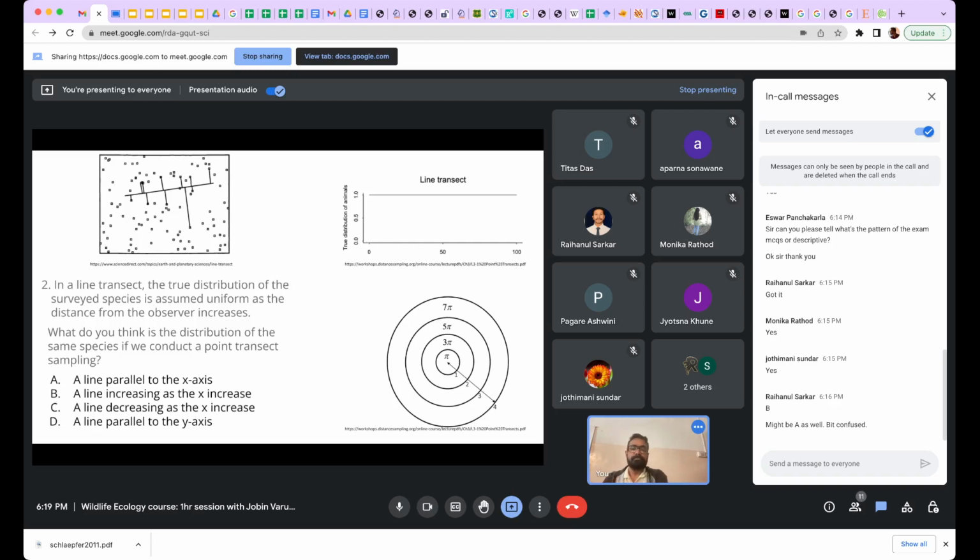Okay, so what they are asking is, if the distance increases from the observer, does the distribution of the animal increase or decrease, or remain the same?